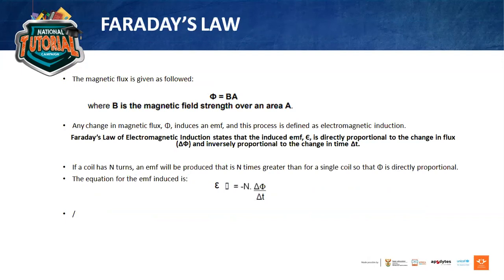So on Faraday's law, an equation was derived. It says the magnetic flux is given as follows: magnetic flux is equal to the magnetic field times the area. This is an equation that you're going to work with a lot when you do problems on magnetic flux.